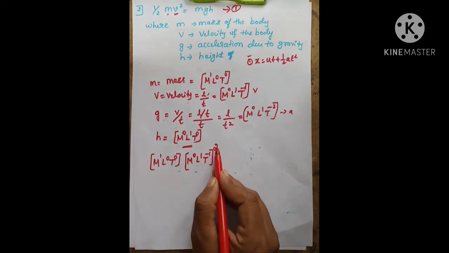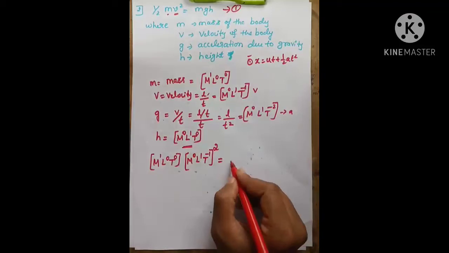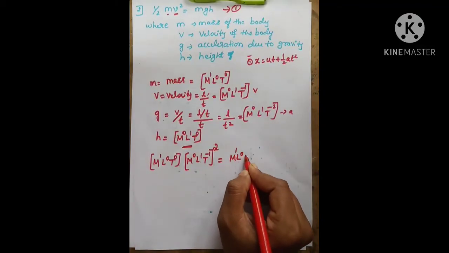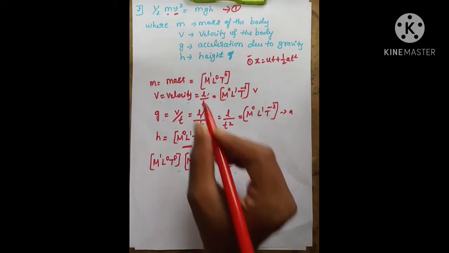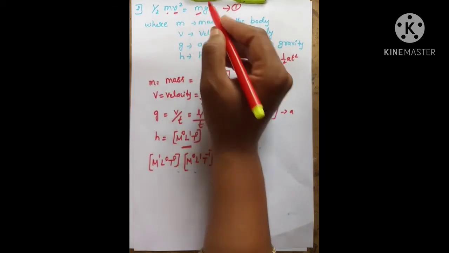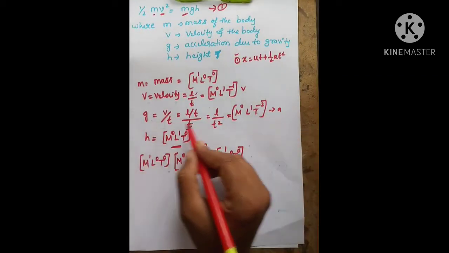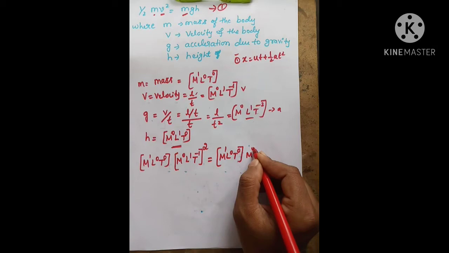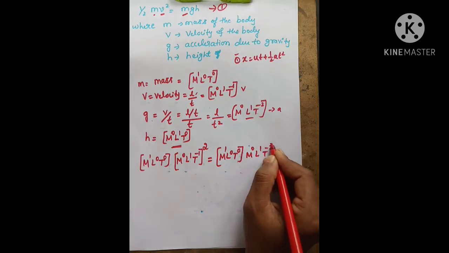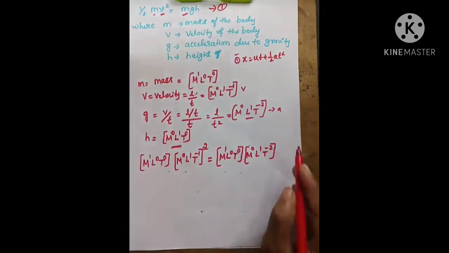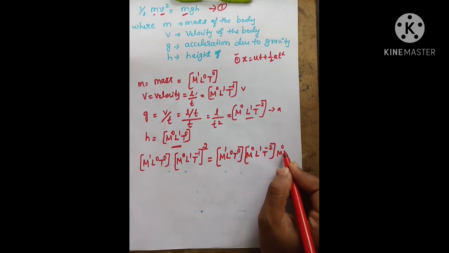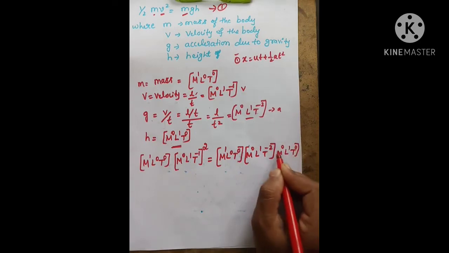This is V, this is V square, equal to M again, M1, L0, T0, because mass is single. Gravity means acceleration due to gravity: M0, L1, T to the power of minus 2. H, height: M0, L1, T0.